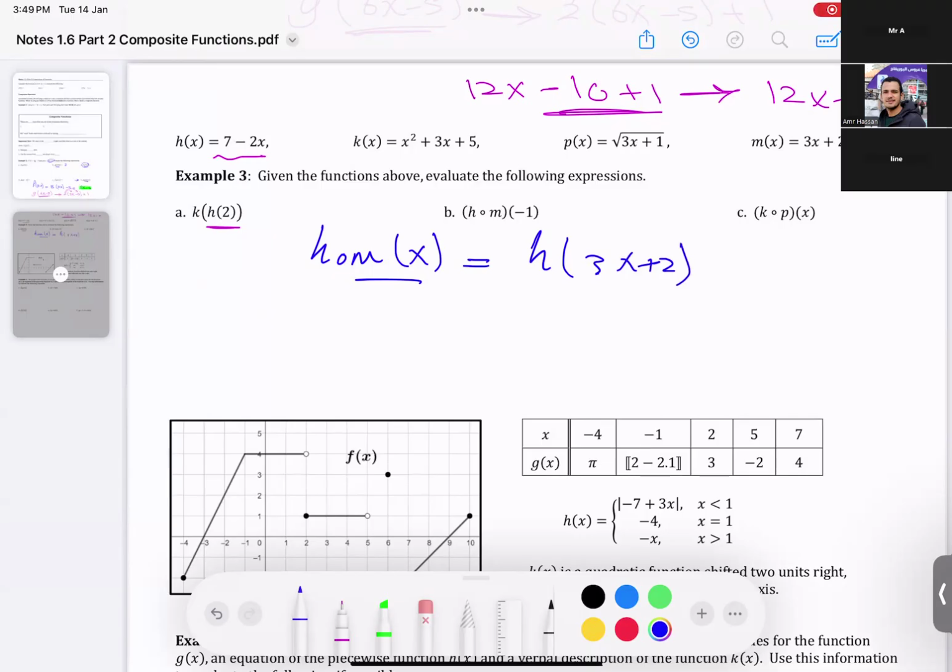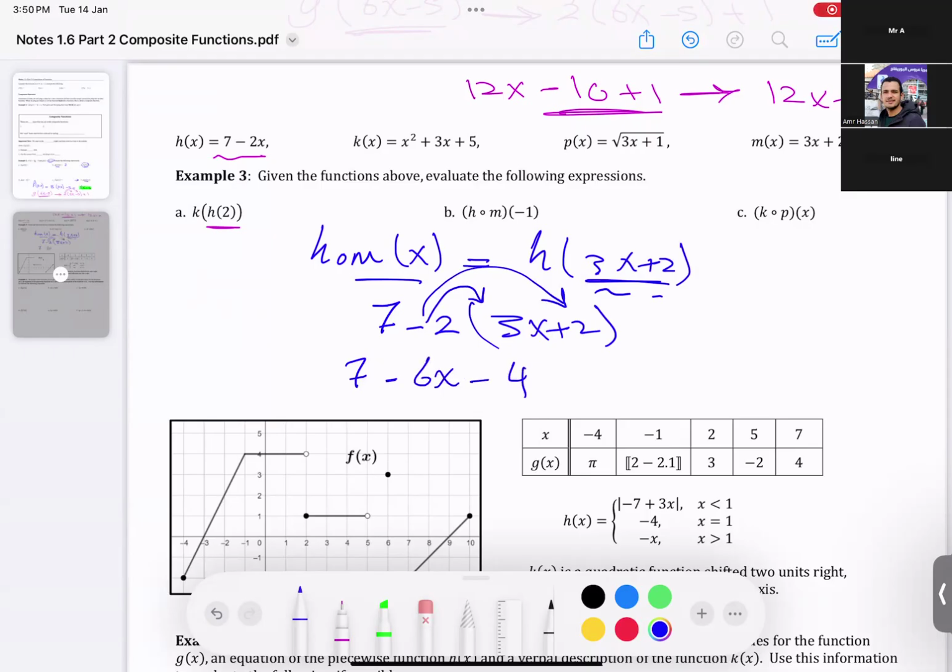Yeah. So this one, I need to plug it into the h function. So the h function is 7 minus 2 multiplied by x, but x must be replaced with the new m, which is 3x plus 2, right? So let me write 7, and I need to distribute it. So it's going to be negative 6x minus 4, right?